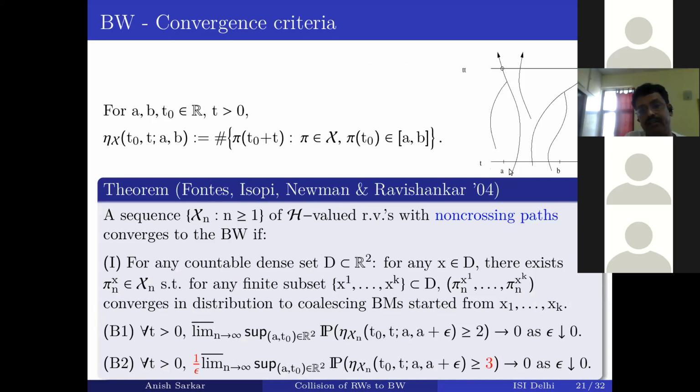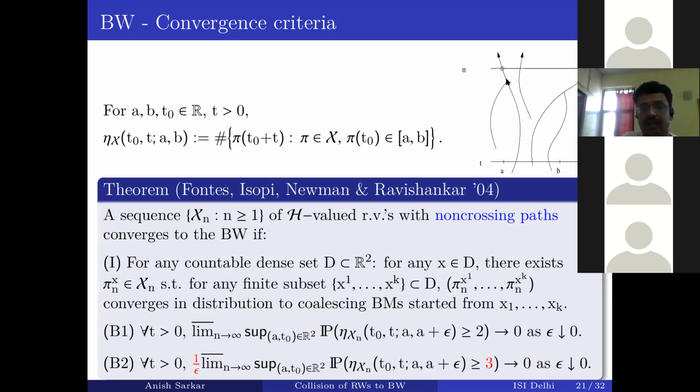For that, I would want to introduce just one random variable. Consider this: the count of distinct paths. I have A and B on this line, and I am going up to height t. This should have been t_0 plus t.